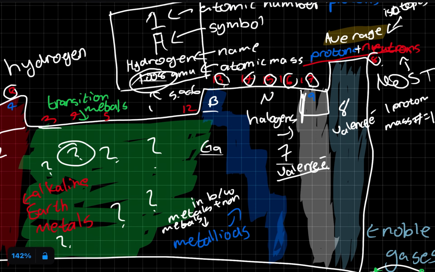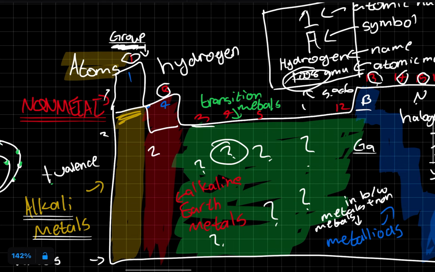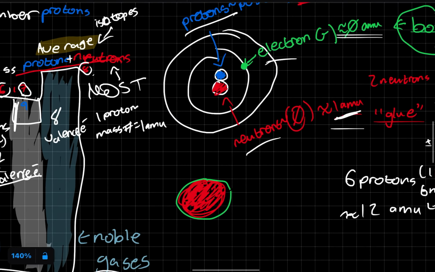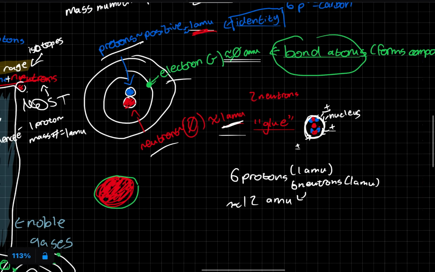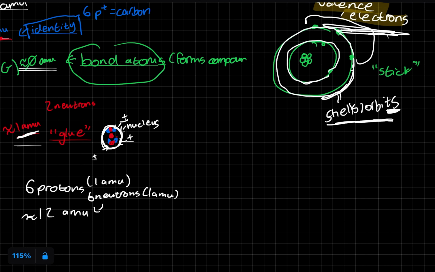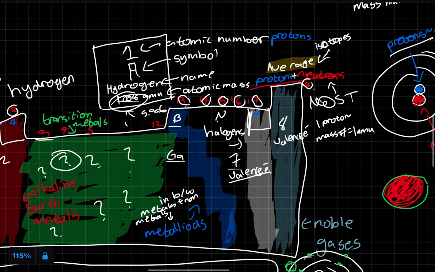But for example, the 15th group has nitrogen. Boron and nitrogen, even though they're in the same period, that only means they have the same number of shells or orbits, not the same number of valence electrons. And valence electrons are very important.